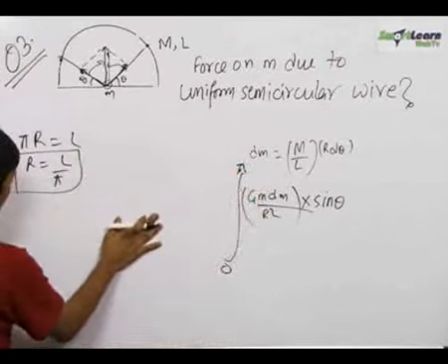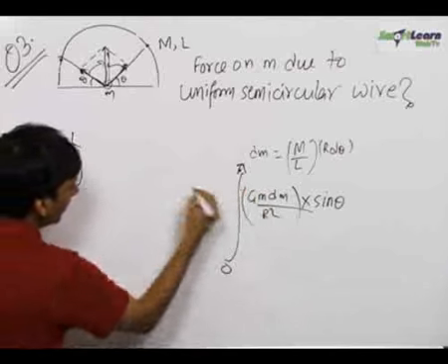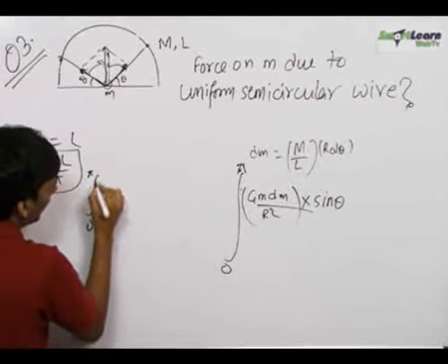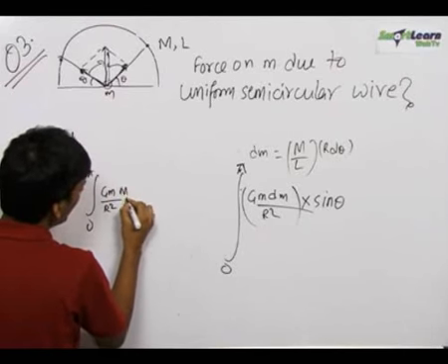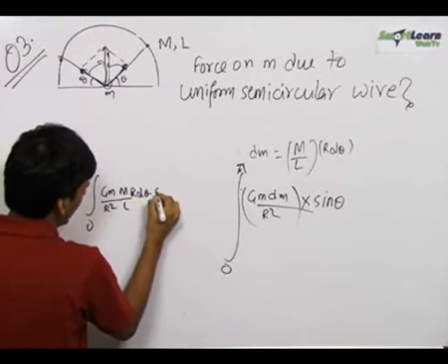We replace dm by the above formula to get G m upon r square into M upon L r d theta sine theta.